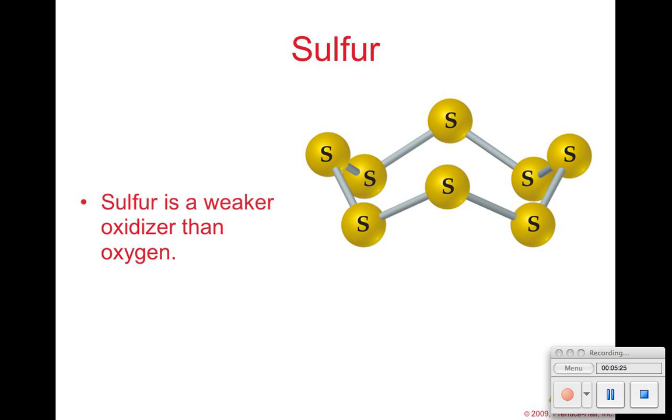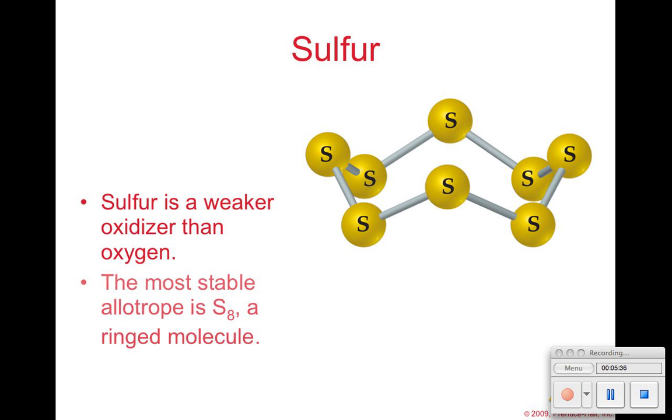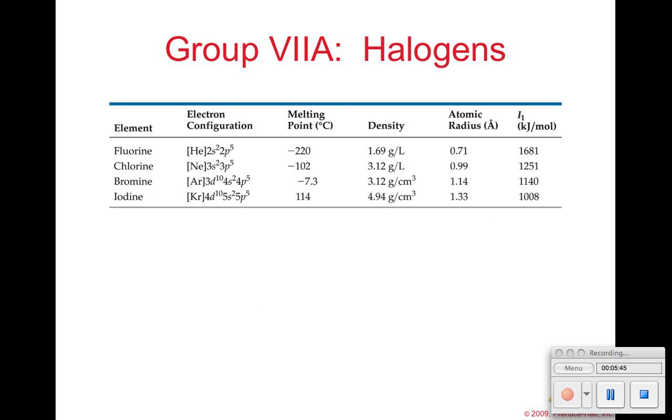Sulfur is a rather unique element as well. Its elemental form is S8, and it's a weaker oxidizer than oxygen, but it will do that. Its most stable allotrope is S8, this ring molecule shown here.